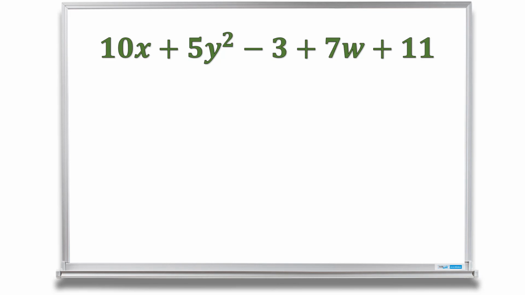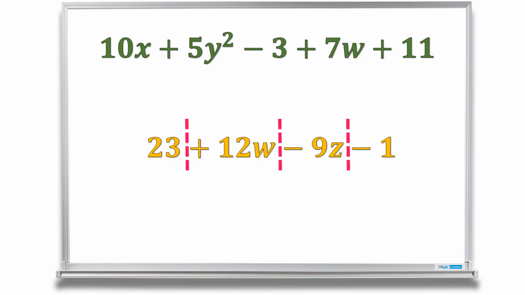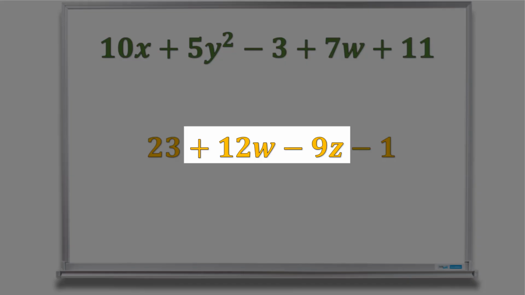How many terms does the expression contain? If we visually divide the expression into terms, we can see that there are 4. How many variable terms are there? This time there are 2 variable terms.